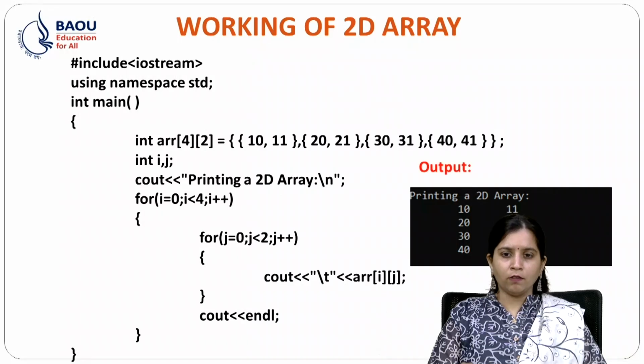Likewise, when we run this program, the output of the program will be 10 and 11, 20 and 21, 30 and 31, 40 and 41. I hope now you get the idea about how a two-dimensional array works.